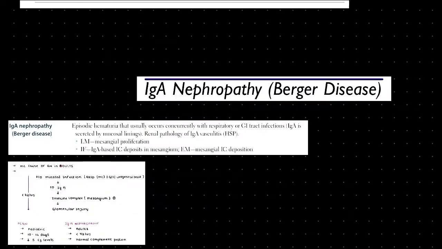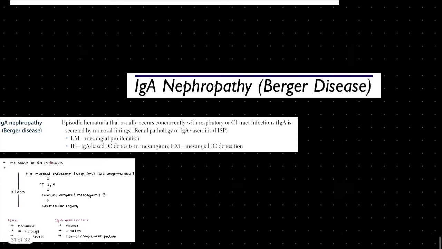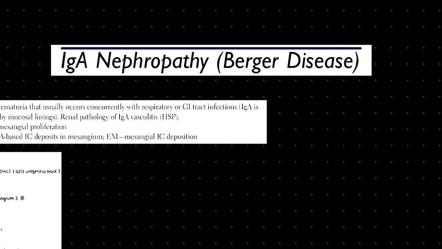So moving right here, what is IgA nephropathy or what is Berger's disease? If you remember what we discussed in the case of PSGN, post streptococcal glomerulonephritis, this P we were highlighting, we said that it is more prevalent in children. And we were remembering that by the word P, that is pediatric.